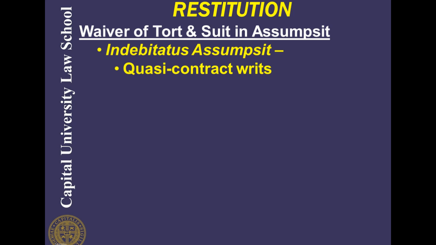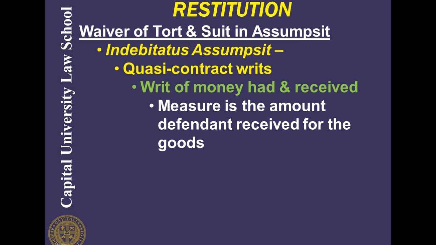Now, indebitatus assumpsit creates quasi-contract writs, and you'll see these play out. There are two writs that have been created in order to create this quasi-contract. One is the writ of money had and received.